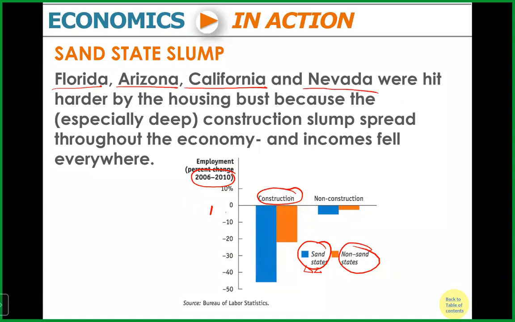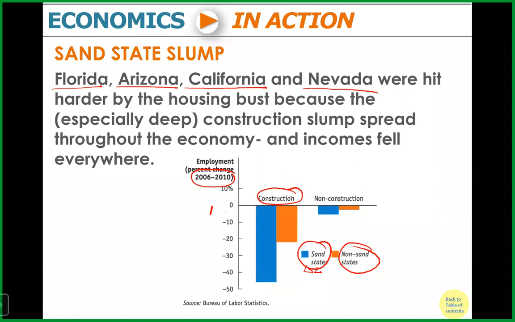What do they have in common? And why are they called sand states, and why did we group them together? Can you tell any sign from there? Anything they are sharing? Any particular things they have in common? What about their weather?